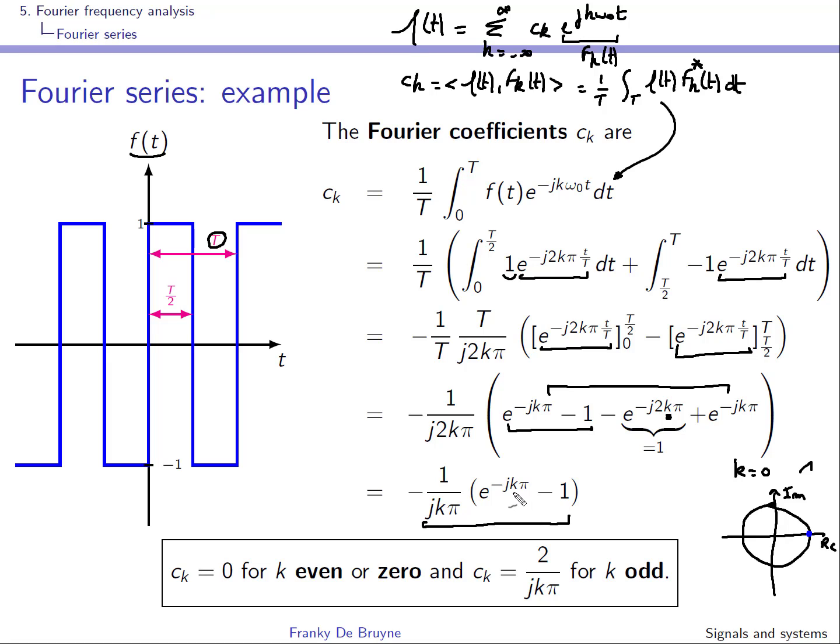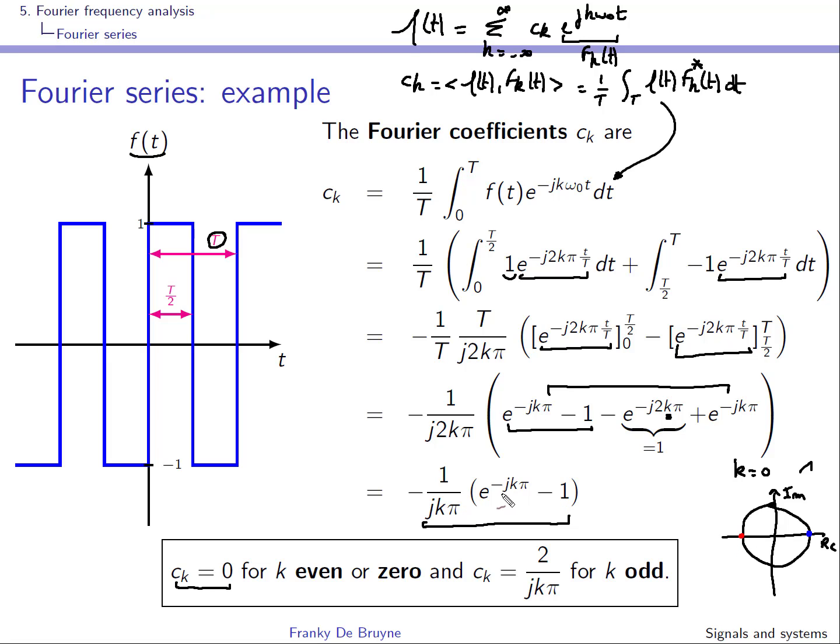If k is even, this will produce again 1. So you have 1 minus 1, so you'll have a 0 over here. This is if k is even or 0, by the way. If k is odd, you'll end up over here.